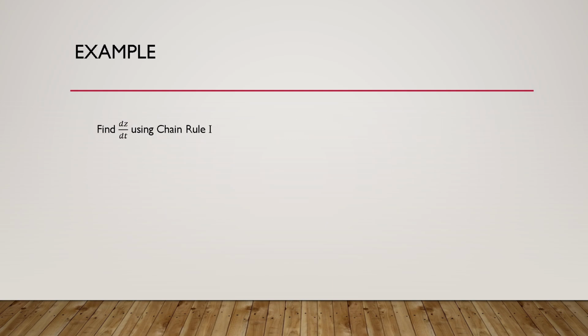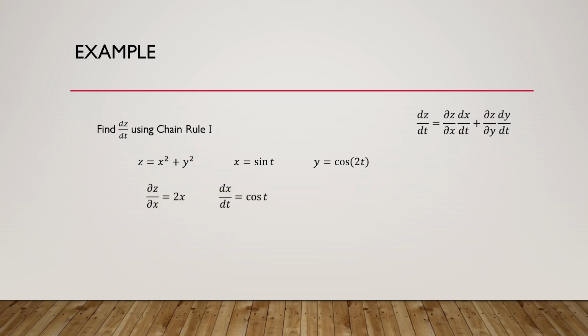For example, find dz/dt using chain rule 1 for z equals x squared plus y squared, for x equals sine t and y equals cosine 2t. To review, dz/dt equals the partial derivative dz/dx times dx/dt plus the partial derivative dz/dy times dy/dt. The partial derivative dz/dx equals 2x. dx/dt equals cosine t.